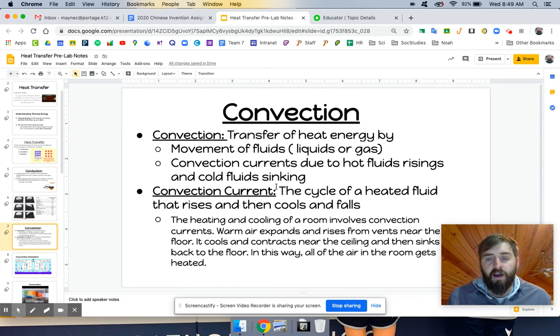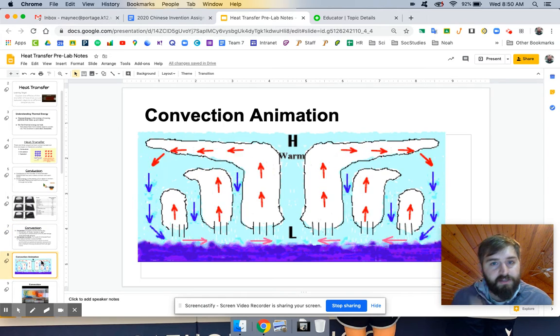Okay. And it's really interesting because there are many different things throughout our life that are affected by convection currents that you might not even realize. Okay, so this example here says the heating and cooling of a room involves convection currents, and I'll show you a picture of that soon. But just you sitting in your house on a winter day, you are experiencing convection firsthand. Okay, so what this looks like is this.